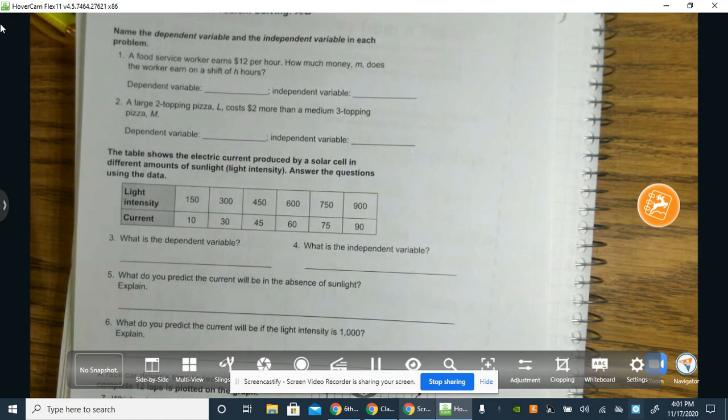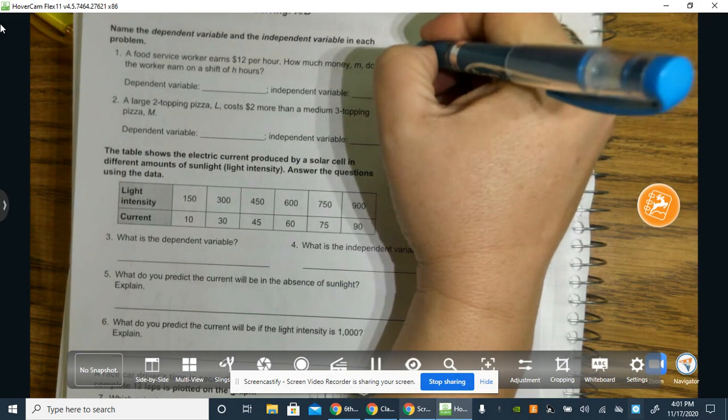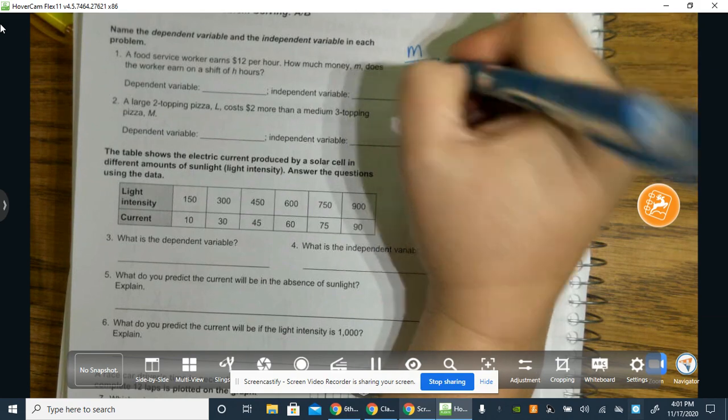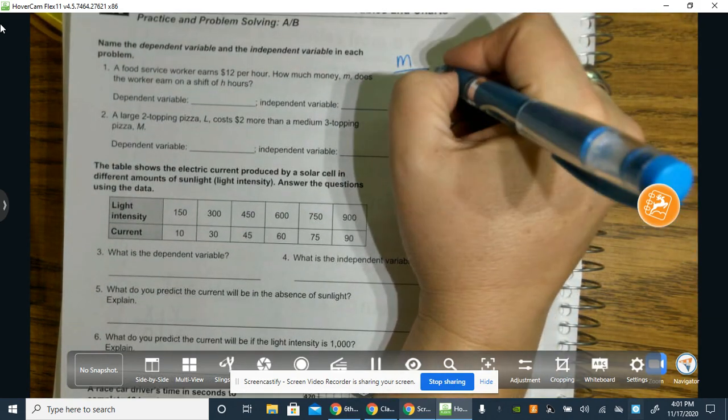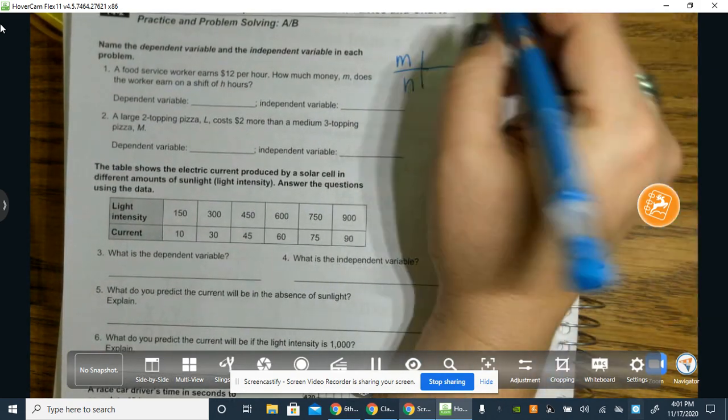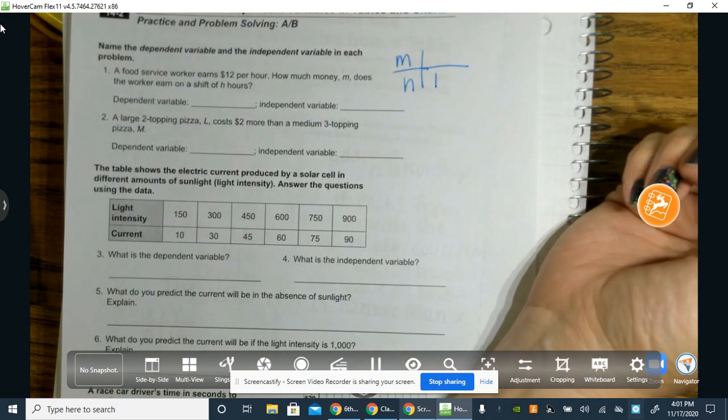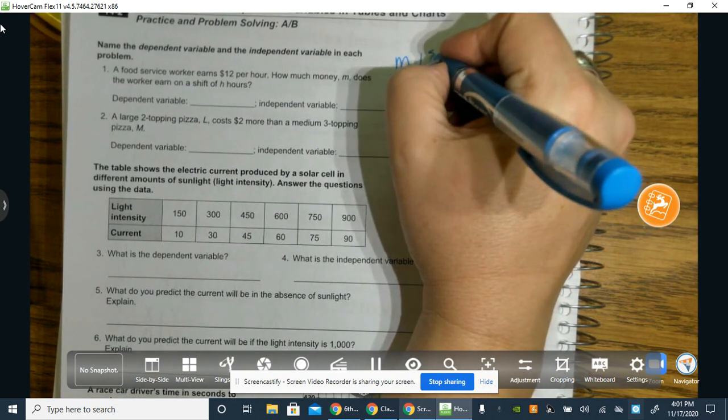Okay. So a food worker earns $12 per hour. How much money does the worker earn on a shift of 8 hours? So if I'm looking here, I'm comparing two things: money and hours. If I just did a table and they worked 1 hour, that person would make $12.